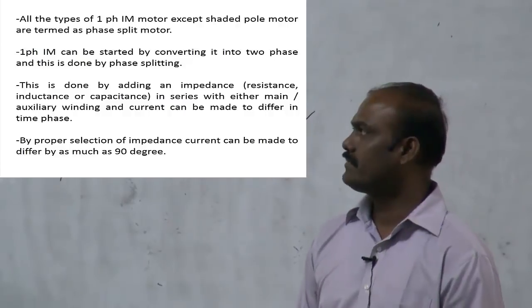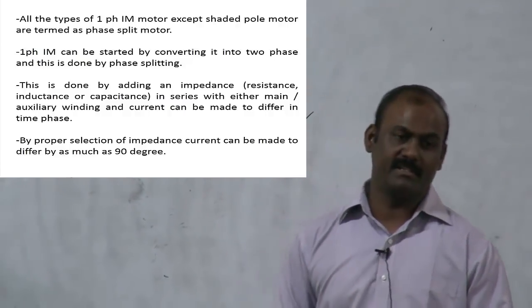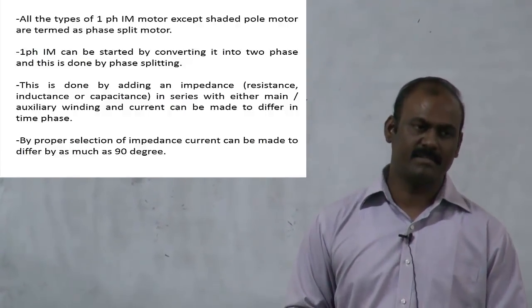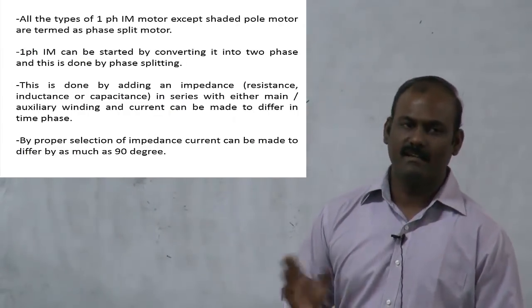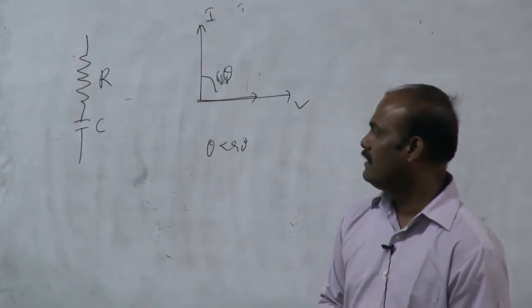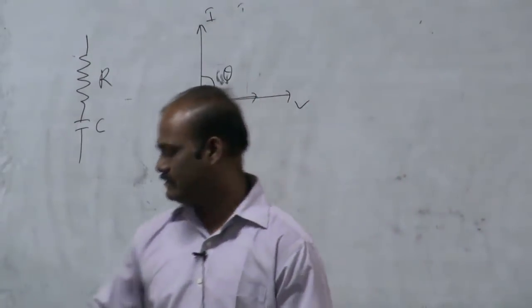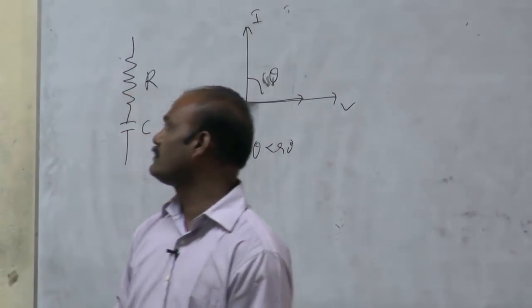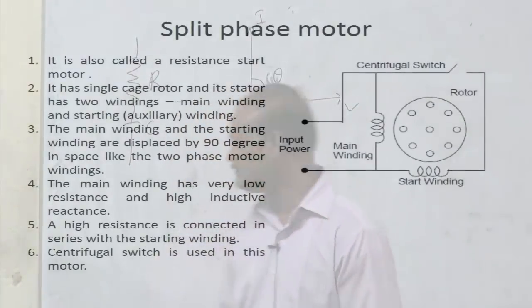So all the types of single phase induction motor except shaded pole can be considered as phase split motors, right? So coming to the first one, split phase motor.